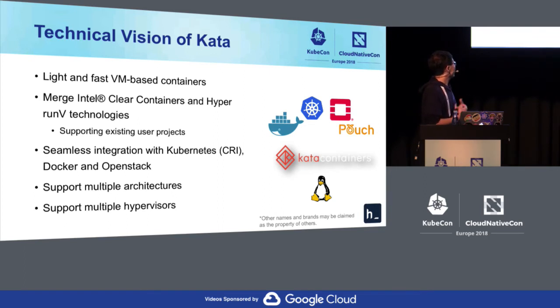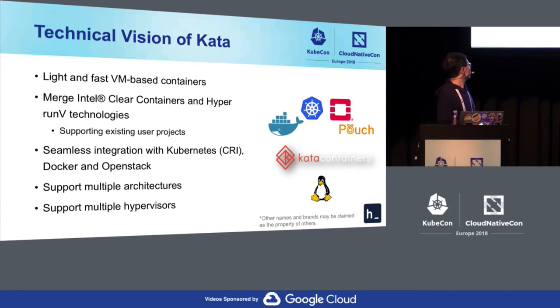Kata Containers is based on the Intel Clear Containers and HyperRunV technologies. Both runtimes began in 2015, and they were developed for more than 2 years before the Kata Containers project. So both projects have some working scenarios in production.